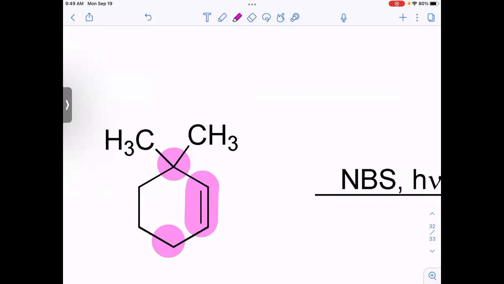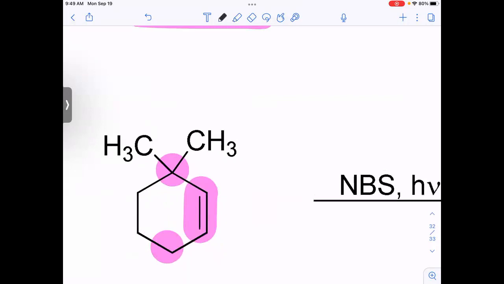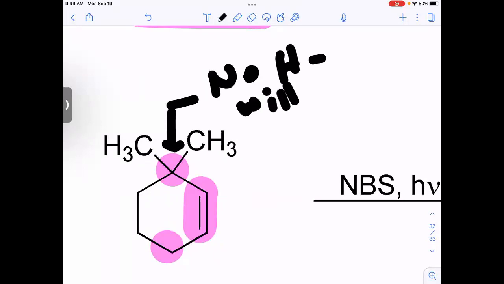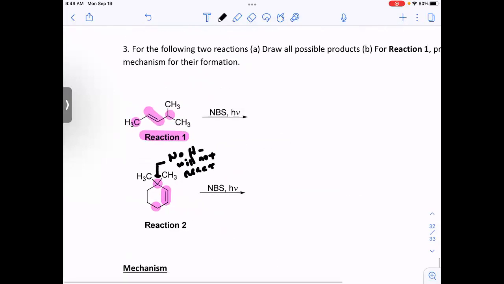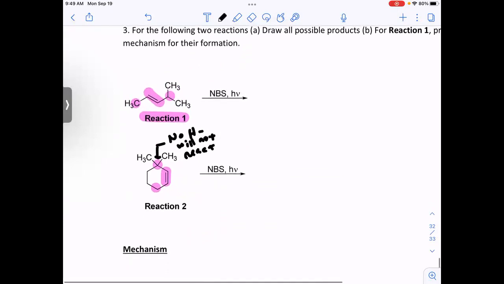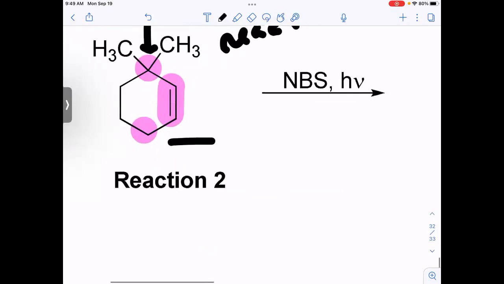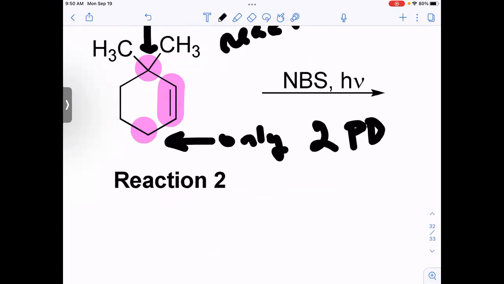No, on the allylic carbon. No. So there's not a hydrogen there. Good. So the fact that there's no hydrogen, that means that you can't do abstraction and propagation. So for this reaction, you're only going to get two products. Right? Because only one of your allylic sites is actually going to be reactive.